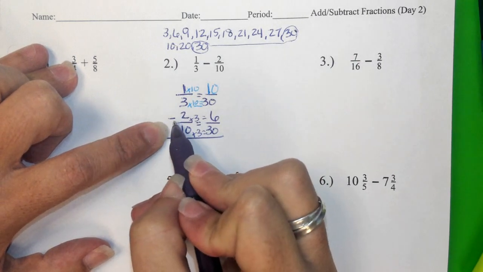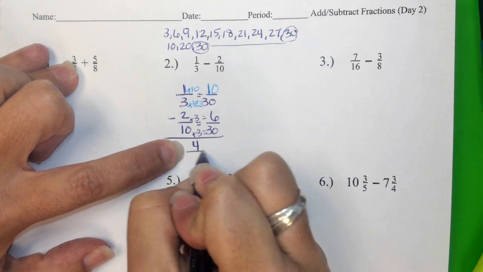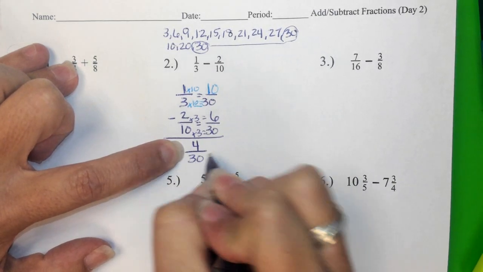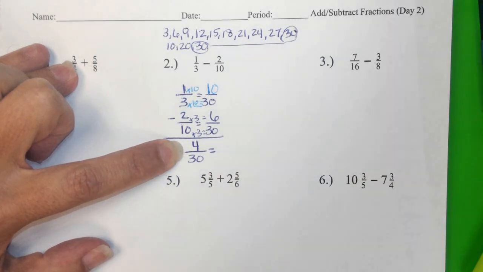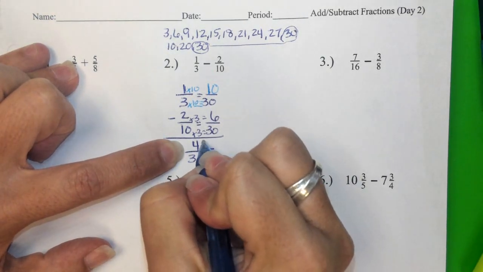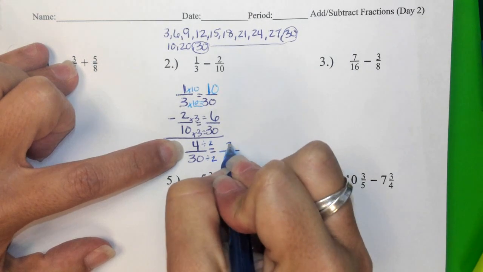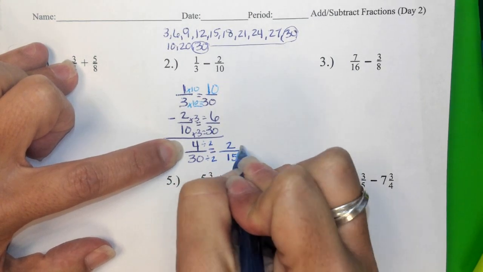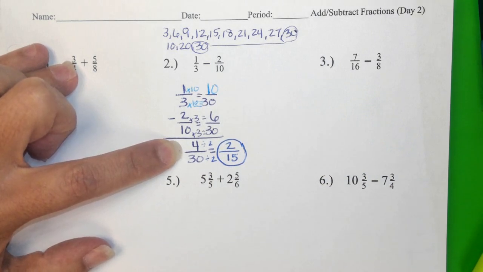I look at subtraction. 10 minus 6 is 4 out of 30. And so it equals, if I simplify, we've talked a lot about simplifying today. If I simplify by 2, the top and the bottom, I get 2/15. That is the final answer, 2/15. Okay.